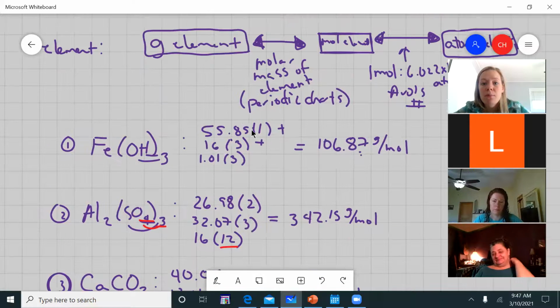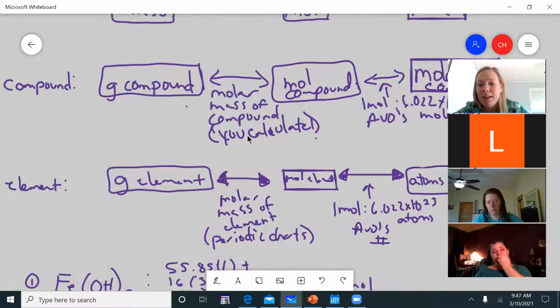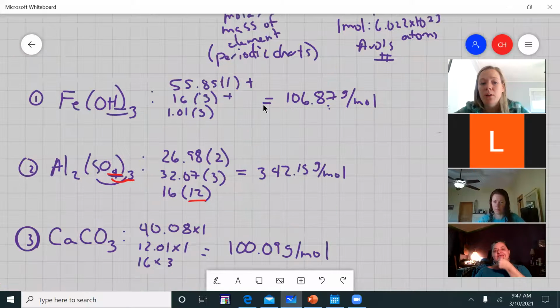So now we know how to calculate our conversion factor between these two. Let's solve a problem, and let's use one that we already calculated.